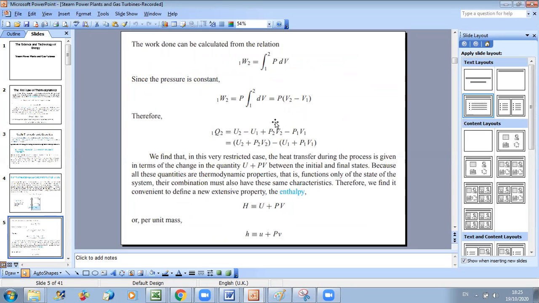And my work is P delta V, so it's P2 V2 minus P1 V1. And we said that the pressure is constant, so P1 is equal to P2.